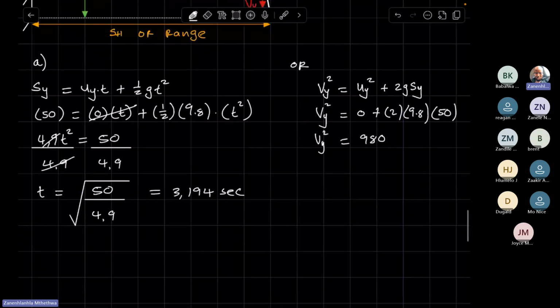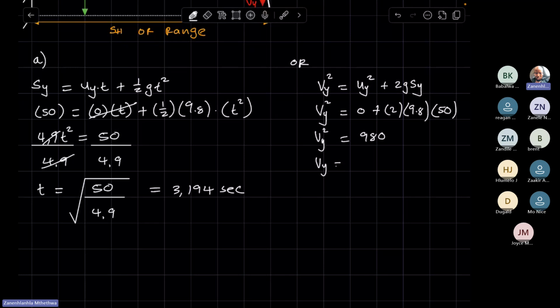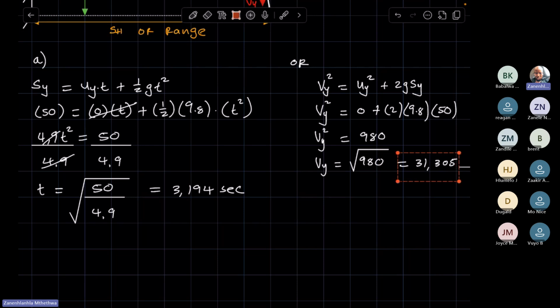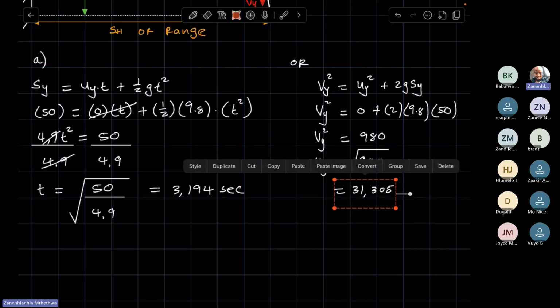And then to get Vy, the final velocity, we use the square root on both sides. The square root of 980 is 31.305 meters per second.